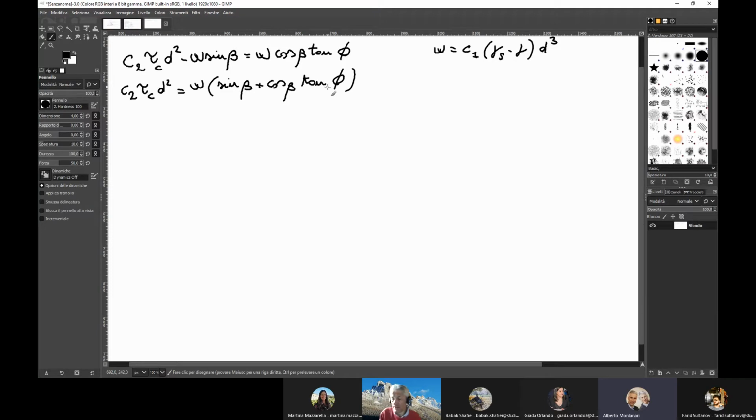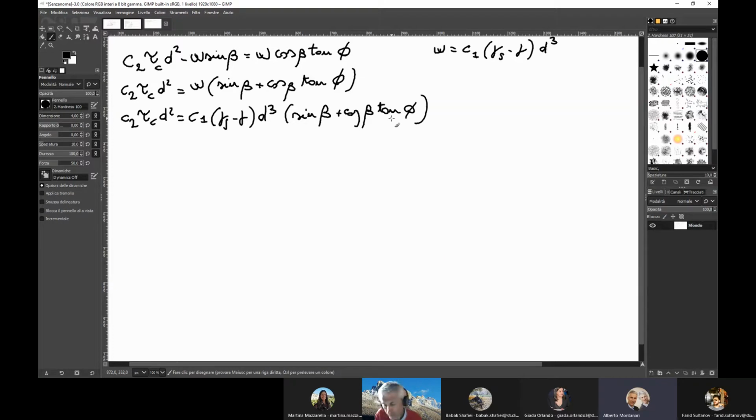Please check if everything is correct, but so far so good. Now I can make the substitution: C2 tau C d square is equal to C1 gamma S minus gamma d cube times sin beta plus cos beta tan phi.